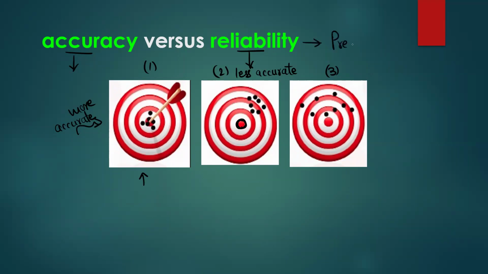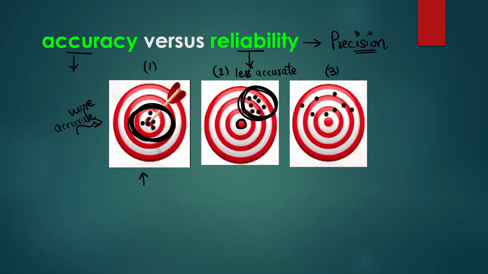But what about reliability? Reliability is also known as precision. Precision is how close the values are to each other. So if you repeat the experiment lots of times, it will be more precise if your answers are closer to each other. Like in diagram number 1, the answers are closer to each other. So it means they are precise. Here also in number 2, the points are closer to each other.